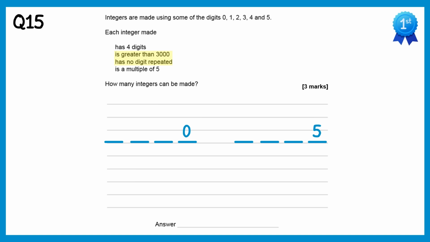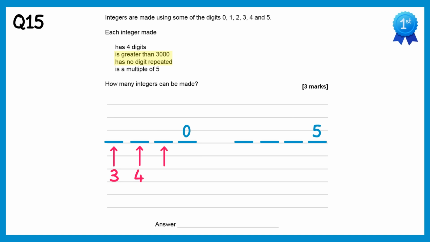So if we look at the case where it ends in a 0, let's consider the first digit. Now if the number's going to be greater than 3000, this digit must be a 3, a 4, or a 5. So there are three possibilities for this number. The second digit could be any number apart from the digits we've already used. We've already used a 0, and we've already used one number for the first digit, a 3, a 4, or a 5, so that leaves us with 4 possibilities left.